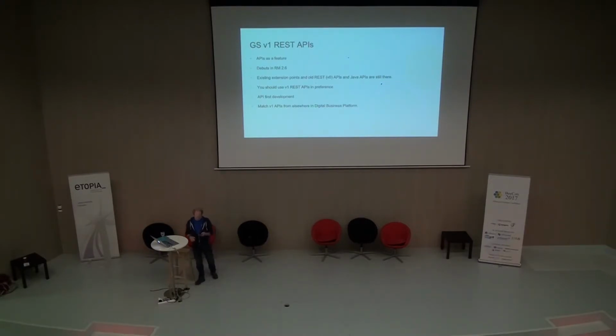And when I'm talking about the APIs, what I mean here is the V1 style REST APIs that we've got. So the old APIs you're familiar using, the Java ones, the old REST APIs that we're now calling V0, they haven't gone anywhere. They're still exactly where they were.